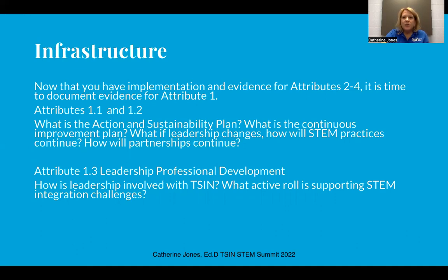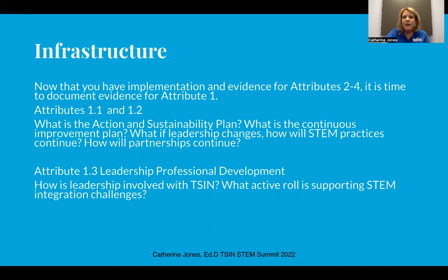If leadership changes, most likely the school would still have the partnerships in place. Generally, the partnerships don't happen with leadership, they happen with classroom teachers. So let's say the principal changes. Well, the classroom teachers already have all their implementation that they've been doing.